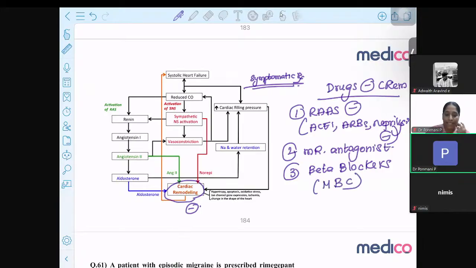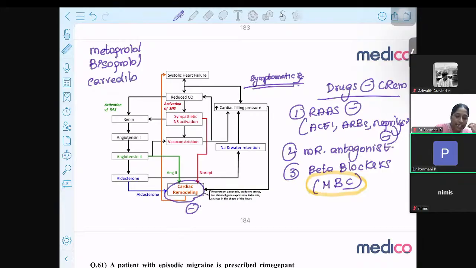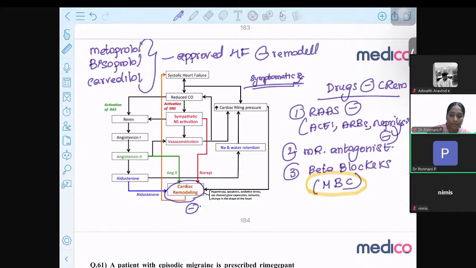It is MBC beta blockers. What is MBC beta blockers? MBC beta blocker stands for metoprolol, bisoprolol, and carvedilol. It is only these three beta blockers which are approved for heart failure, okay, which are shown to prevent the remodeling in the heart.